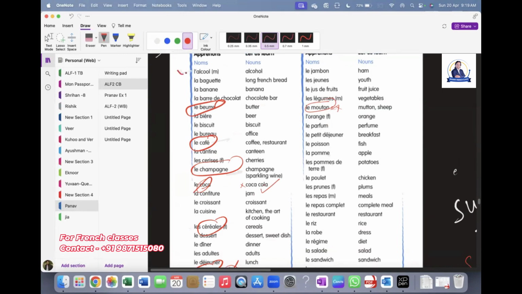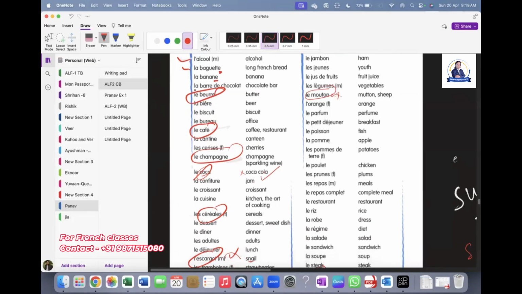Alcohol, right? Baguette, E is coming again, masculine. Banane, E is feminine, right? Then le beurre, we studied this is an exception. La bière, E is coming at the end, it is feminine, right? The rule will follow as it is.